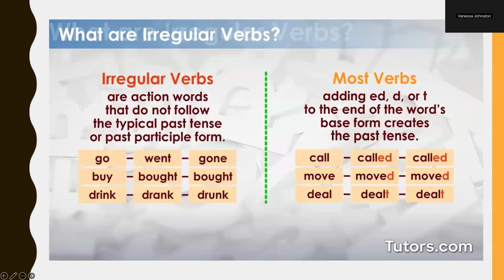So most verbs we add the ed or d or t marker. So call becomes called, move becomes moved, deal becomes dealt. Okay, but we do have some irregular ones that don't follow that pattern. So go becomes went, buy, bought, drink, drank, drunk. Okay, so make sure you know the difference in those.